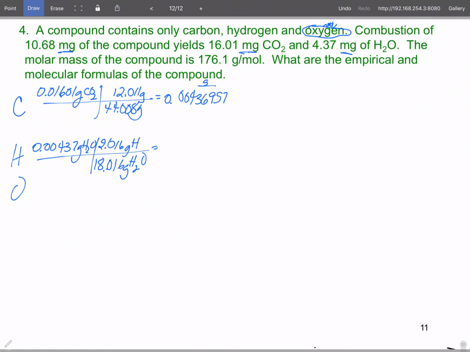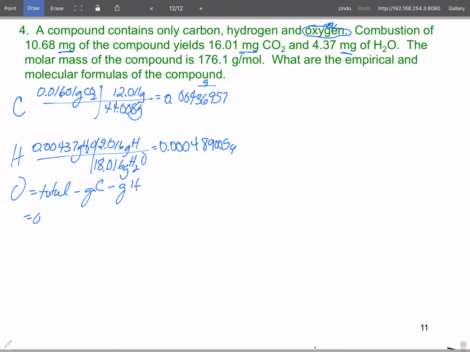That gives us 0.004, zero, 3 zeros. Let me erase that and clean it up here for you. 0.000489005 grams. And then oxygen, remember, is the total minus the grams of carbon minus the grams of hydrogen.